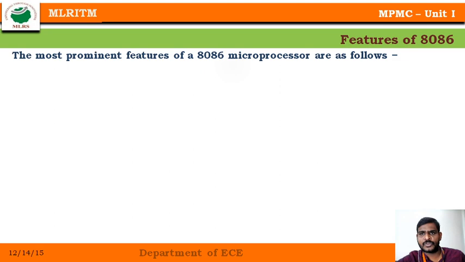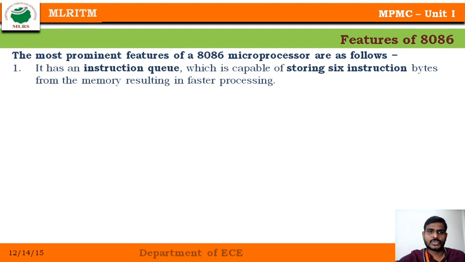So without wasting time, let's go into the details of the 8086 architecture. Before starting, let's recall some of the features of the 8086. Why am I recalling these features again? Because these concepts are indirectly related to the architecture we are going to see. It has an instruction queue capable of storing 6 instruction bytes from the memory, resulting in fast processing.